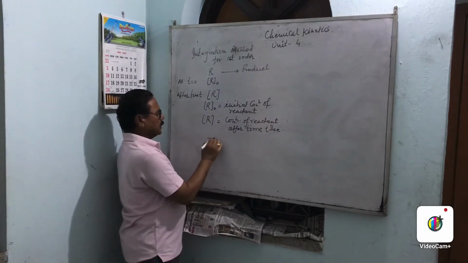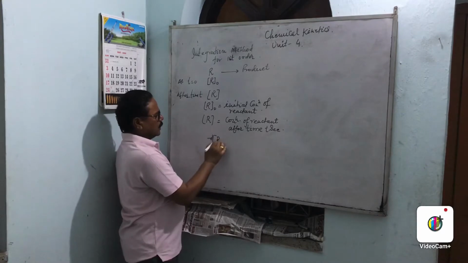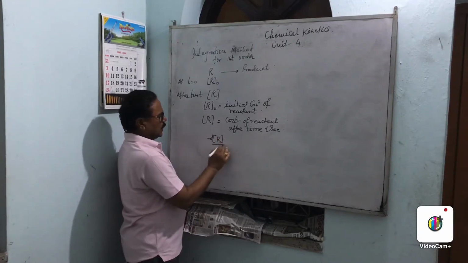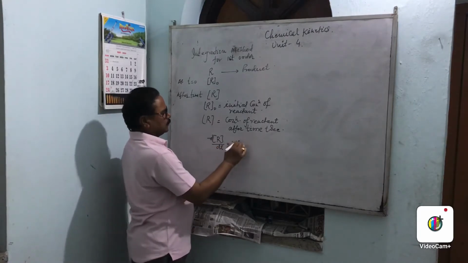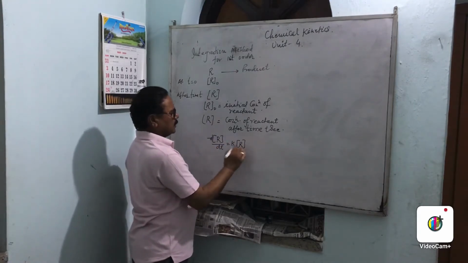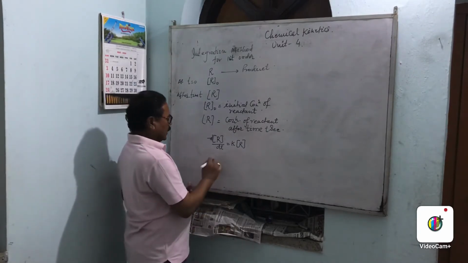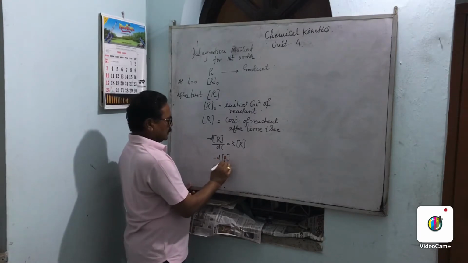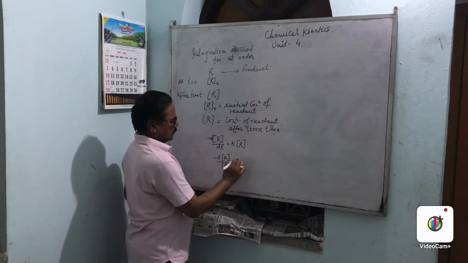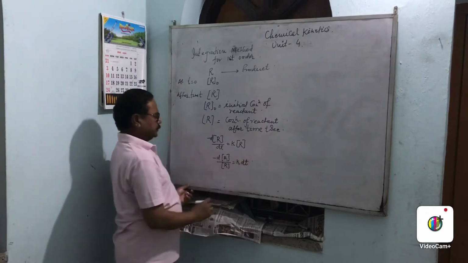So the rate we can write as minus dR by dt is equal to k, and it is a first order, so this is R. Now arrange it: minus dR by R is equal to k into dt.